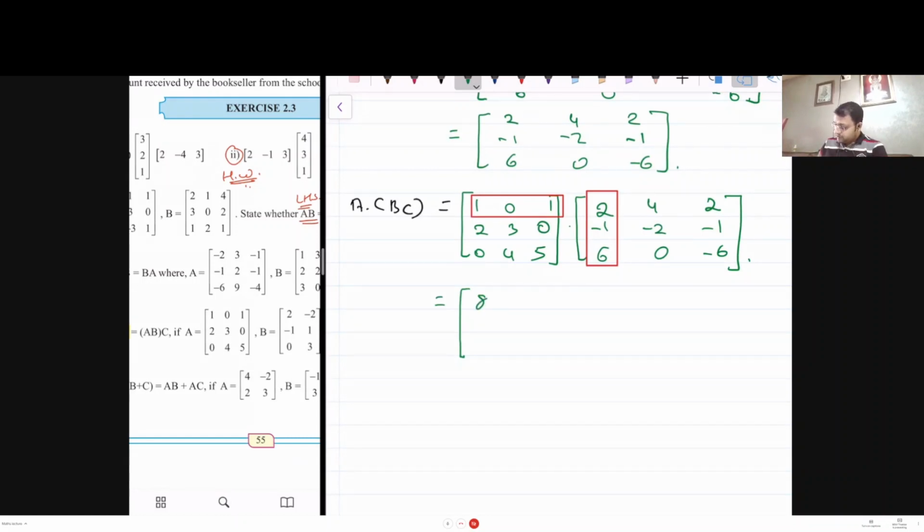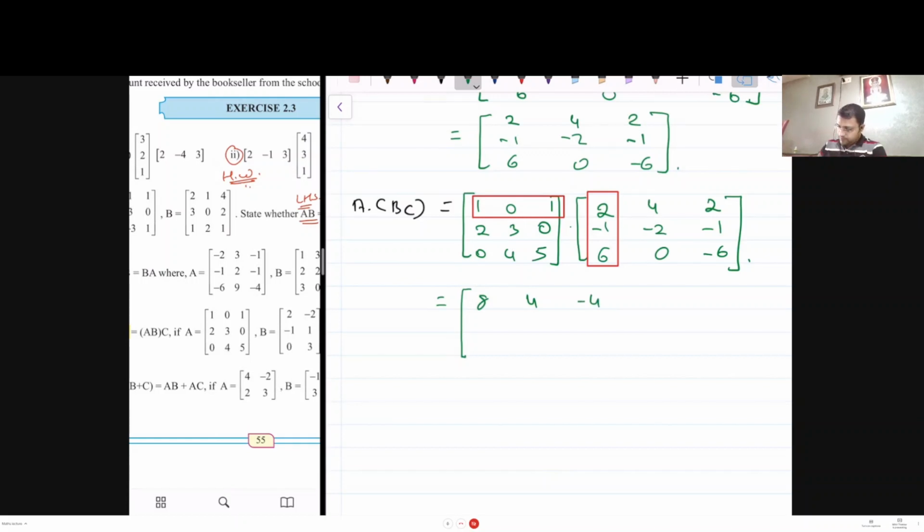For the next, 1 into 4 is 4, 0 into minus 2 is 0 and 1 into 0 is also 0. So basically it will just be equal to 4. For the next it will be 1 into 2, that is 2, 0 into minus 2, minus 1, that is 0 and 1 into minus 6, that is 6.